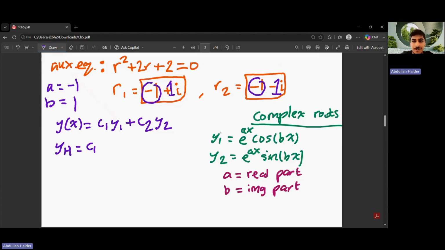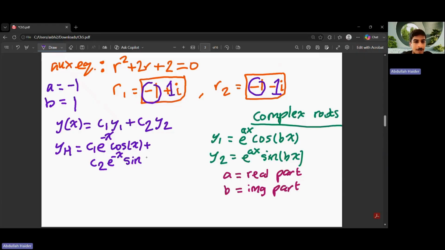So our solution is going to be c1 e power -x cosine x plus, now what is c2? c2 e power minus x sine bx.